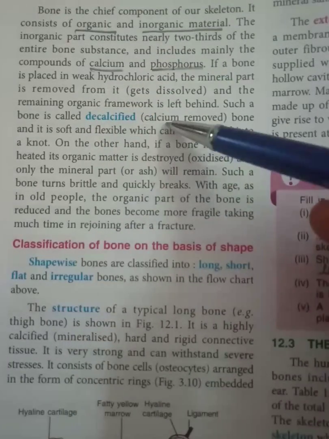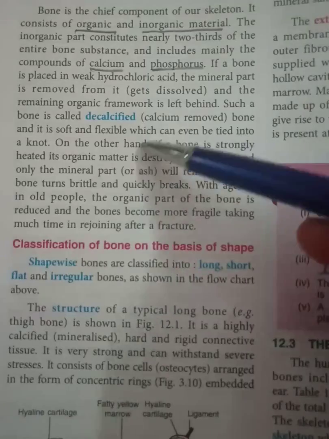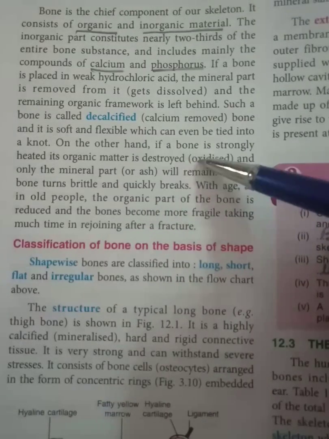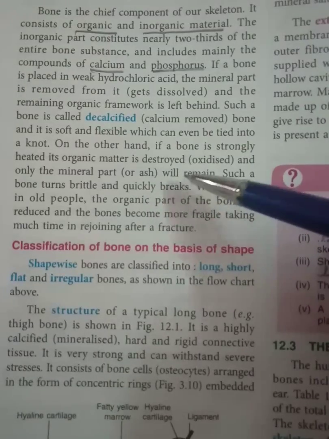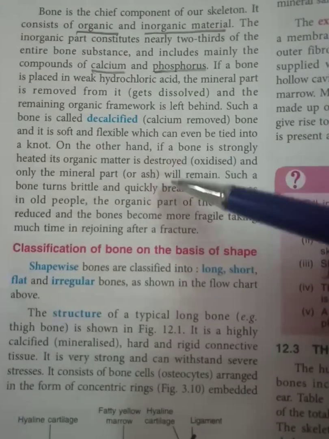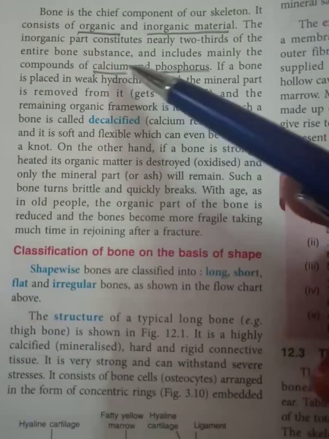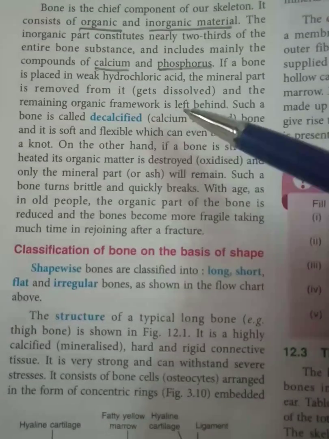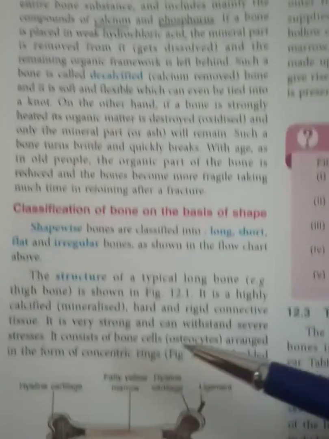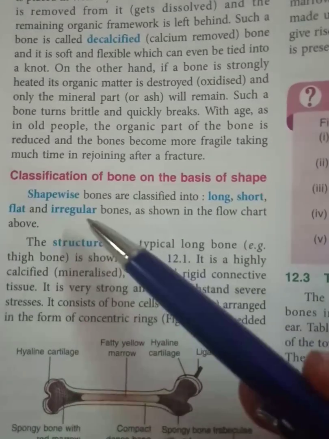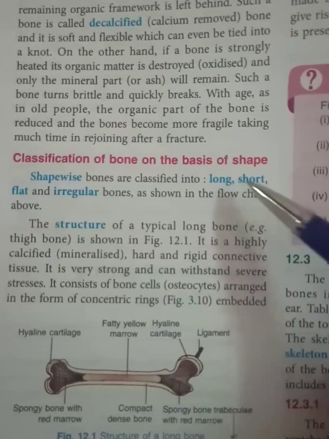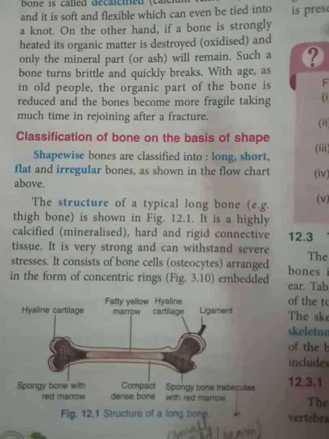Organic material is oxidized on heating, while inorganic material, that is the mineral part, remains in the form of ash when we heat a bone. That inorganic material is made up of calcium and phosphorus, which can be removed by keeping the bone in weak acid. Shape wise, they have given long, short, flat and irregular bones, explained in the flowchart.